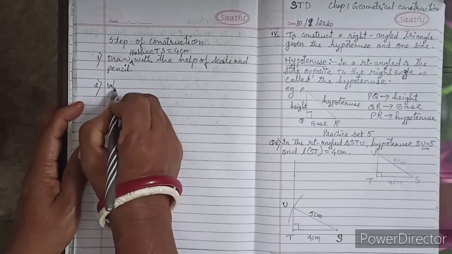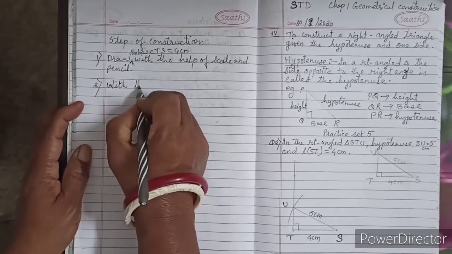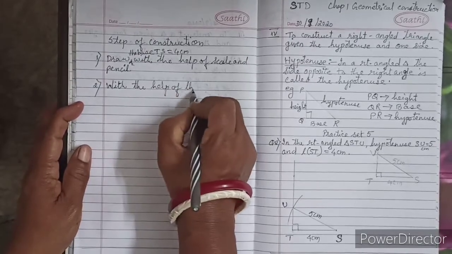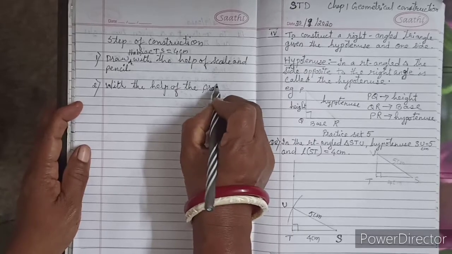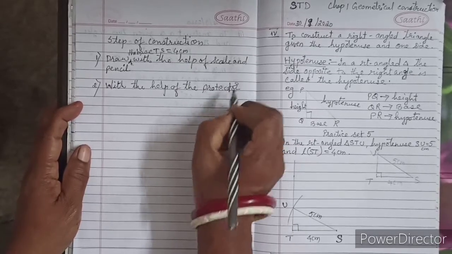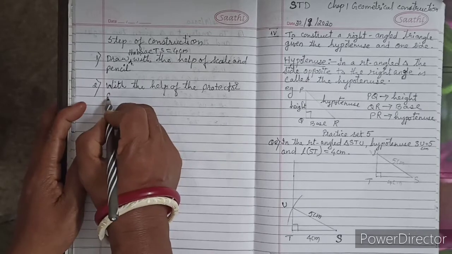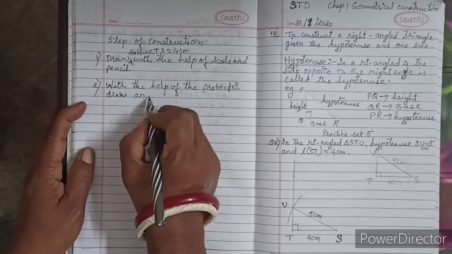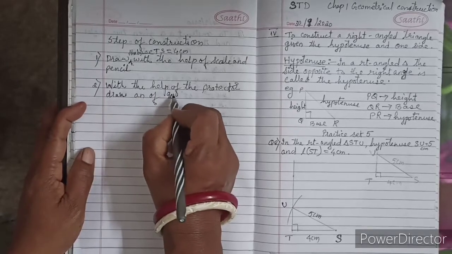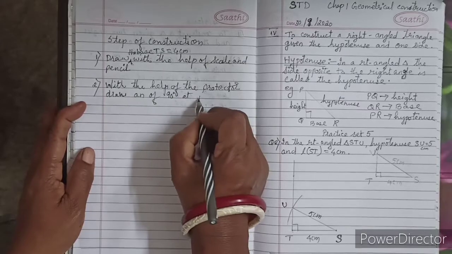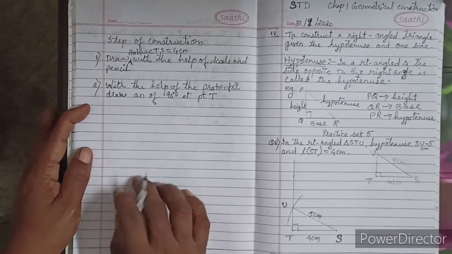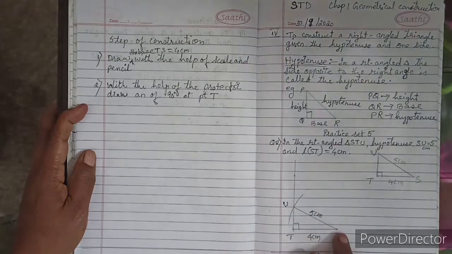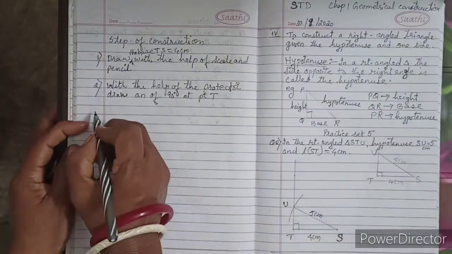So, with the help of the protractor, draw an angle of 90 degrees at point T. We got the angle. Now we have to take the measure of 5 centimeters.